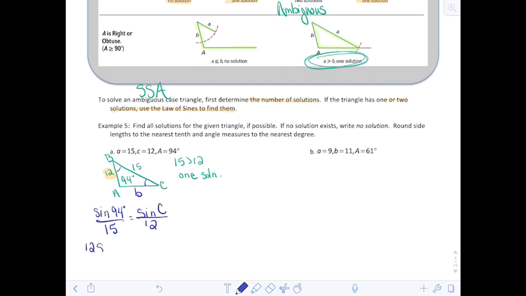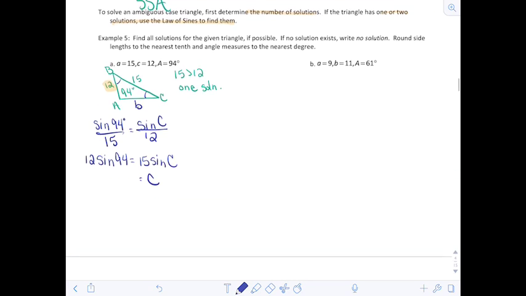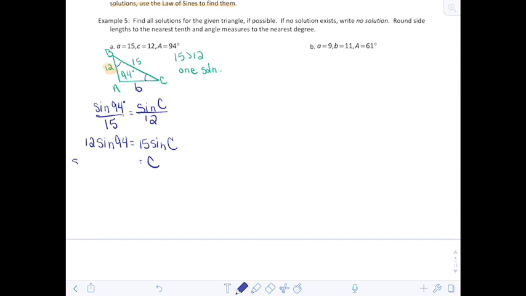So I have 12 times the sine of 94 equal to 15 times the sine of C, and divide by 15. So angle C will be the sine inverse of 12 times the sine of 94 degrees over 15.